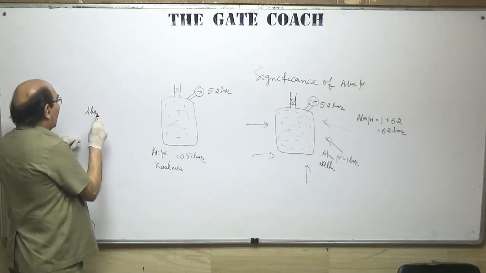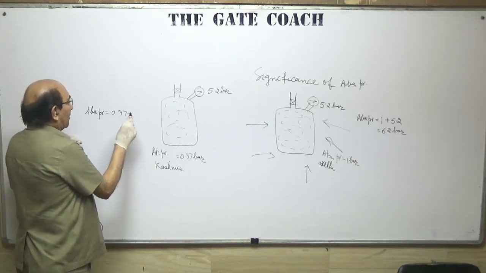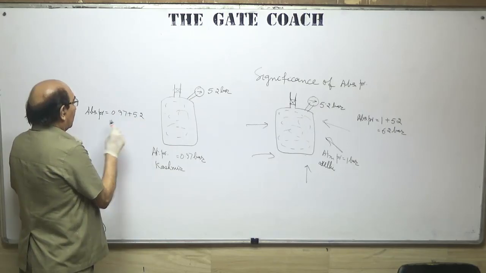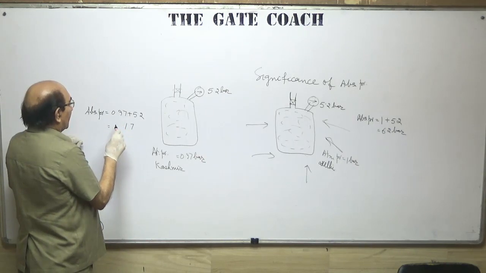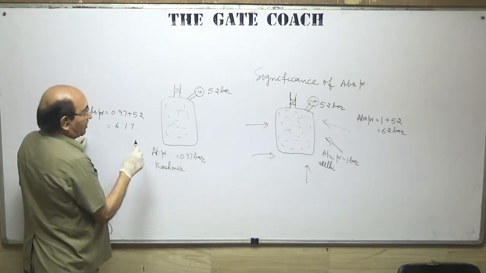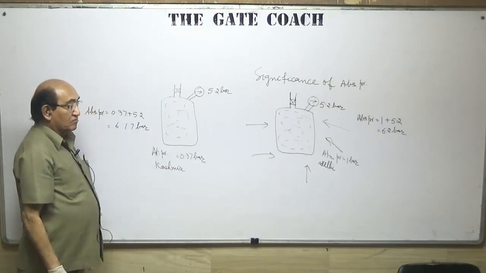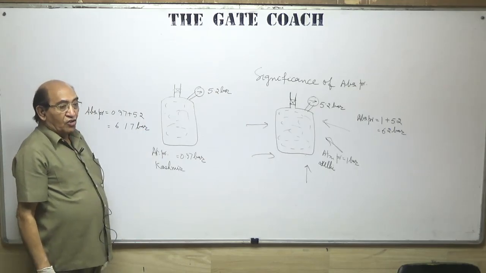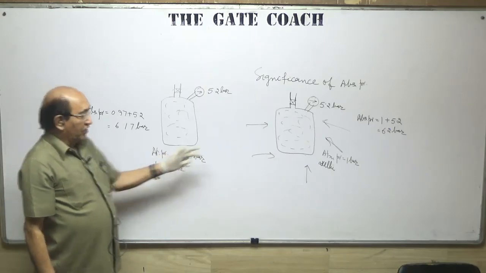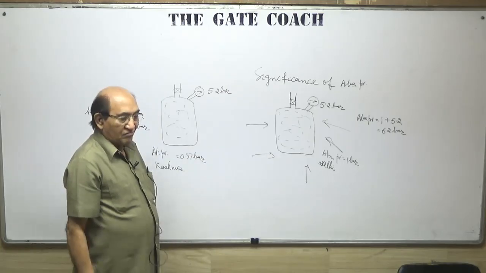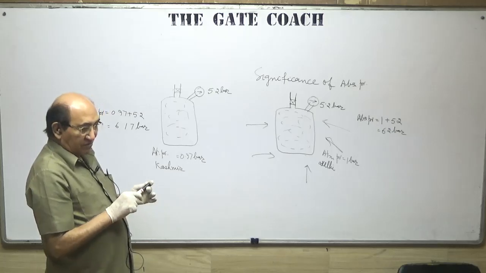Now the absolute pressure becomes 0.97 plus 5.2, which is 6.17 bar. Now the results what he is getting are different than what I was getting in Delhi. He is doing calculations a number of times, but things are coming out to be different.